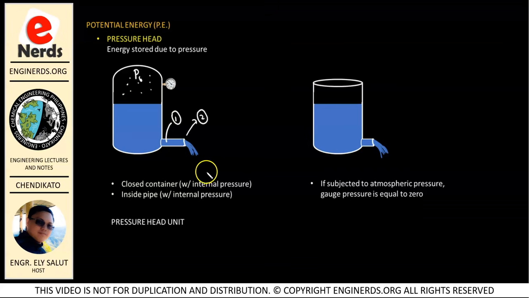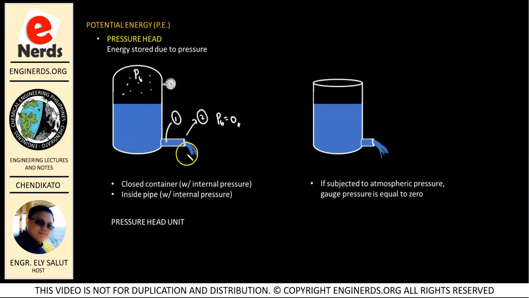Okay, we have to remember that if the fluid is subjected to atmospheric pressure, our gauge pressure is equal to 0. We have to remember that. The easiest way to visualize this is that dito meron tayong internal pressure. And that pressure is causing this fluid to flow outside. And dito sa loob ng pipe, meron ding nag-a-act na pressure.